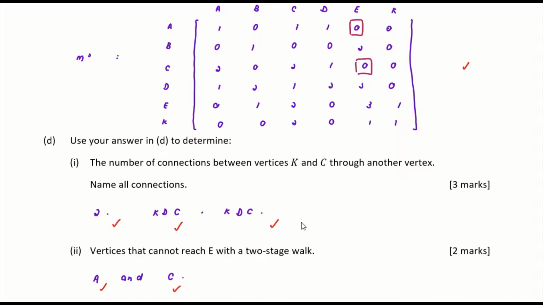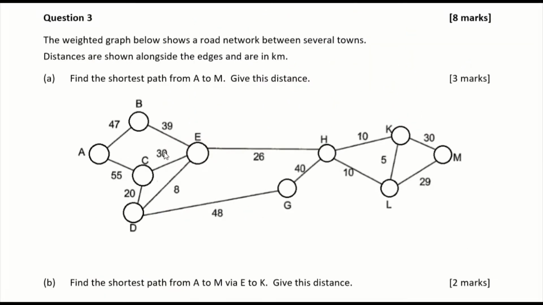So let's move on to 3. Okay, question 3. The weighted graph below shows a route network between several towns. The distances are shown alongside the edges and also in the unit of km. Part A of the question is to find the shortest path from A to M and give this distance. Normally for a shortest path question, you will need to write down your working in the graph that is given.